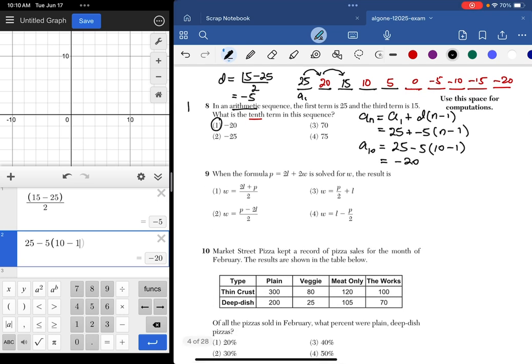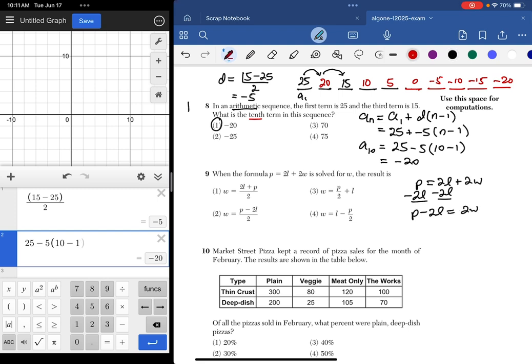Literals, we're solving for W. So P is equal to 2L plus 2W. I'm essentially just saying, or it's saying, I want to get W by itself. So I'm going to subtract off the 2L. So P minus 2L is equal to 2W.